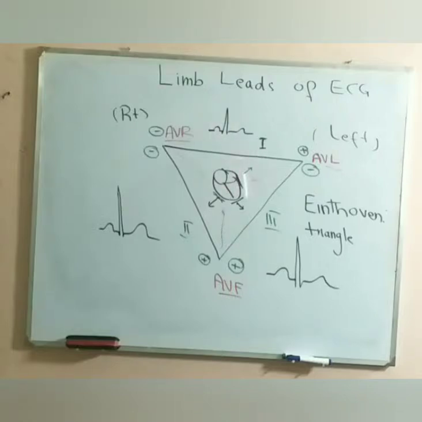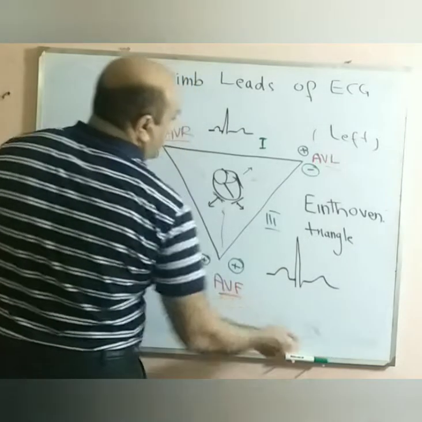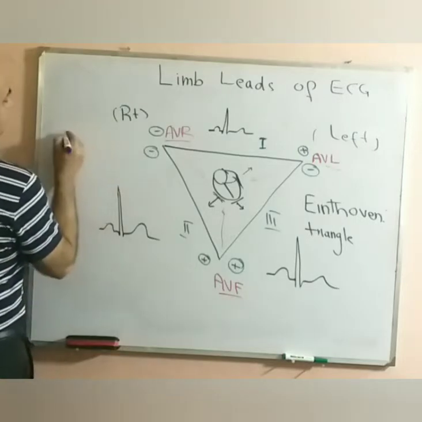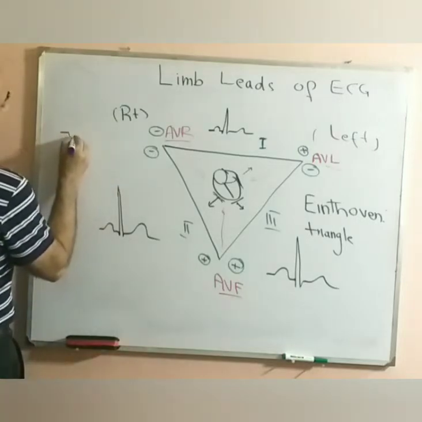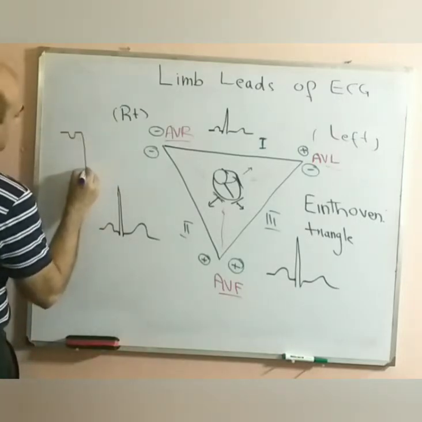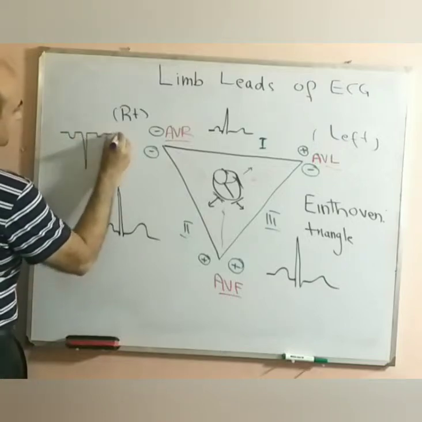So out of all the limb leads, the only lead which sees the atrial depolarization going away from it, the ventricular depolarization going away from it, and the ventricular repolarization going away from it, is AVR. So AVR is a totally negative lead. If we draw AVR, it would be like this: P is negative, QRS is negative, and T is negative.